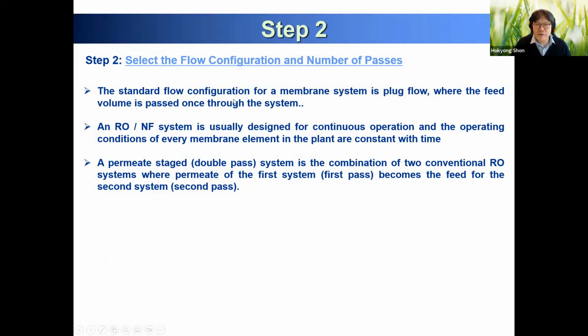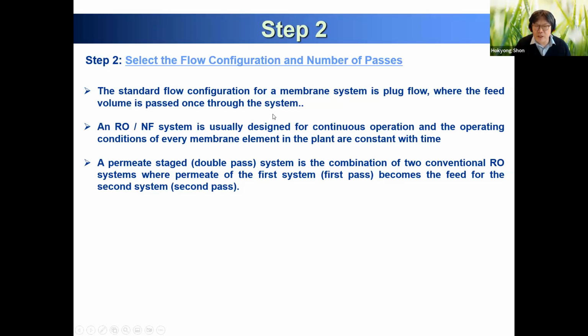The standard flow configuration for a membrane system is plug flow. You have an element, and the water flows from right to left through the element channel, where the feed volume is passed through the system.